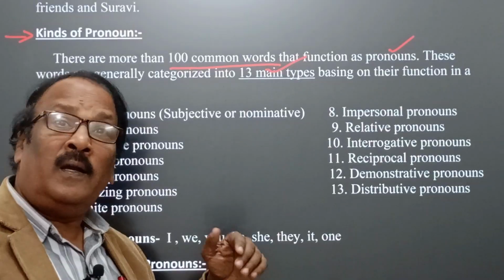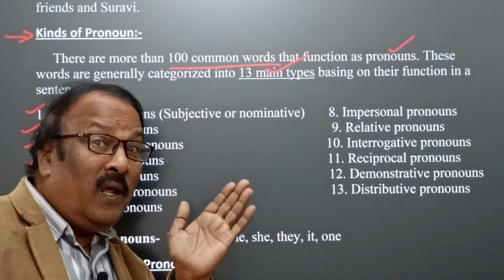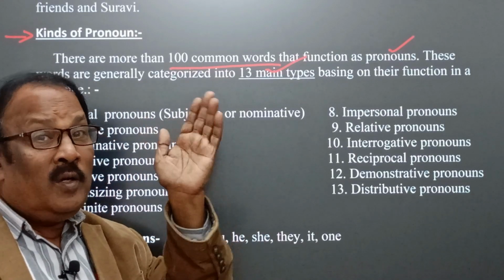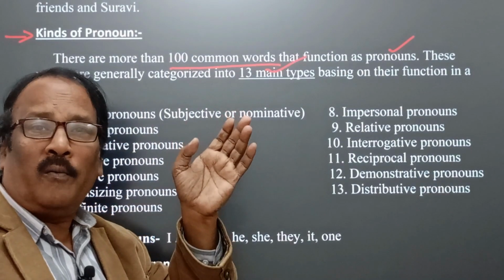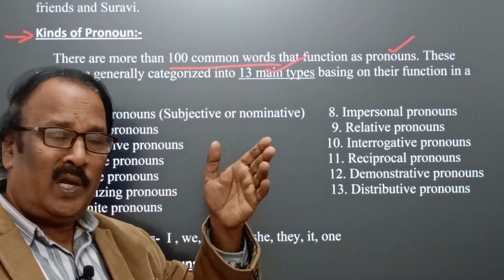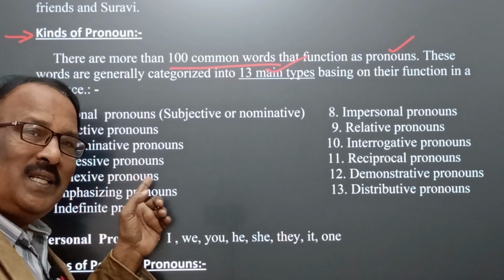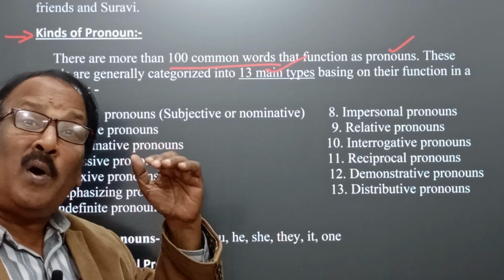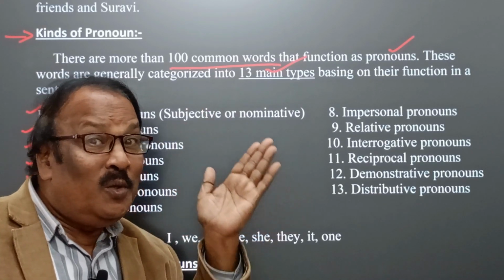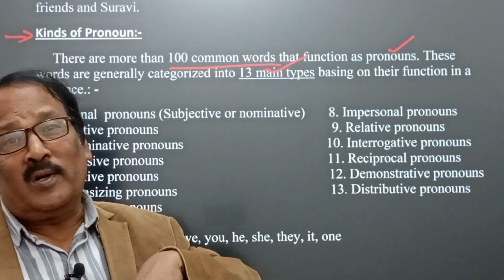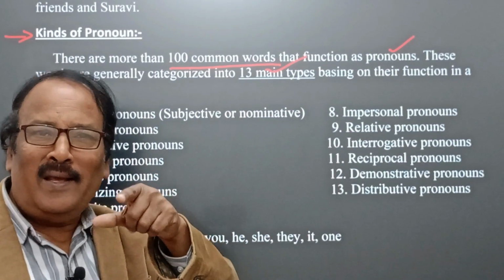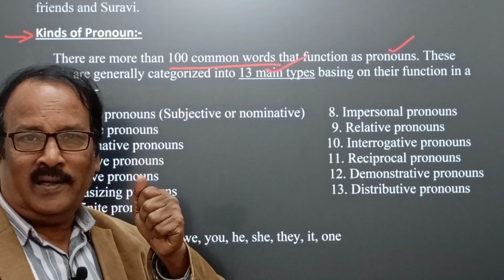Emphasizing pronouns. The self forms, whenever used just after the verb or at the end of the sentence, are called reflexive pronouns. But the self forms which are used just after the noun are called emphasizing pronouns.